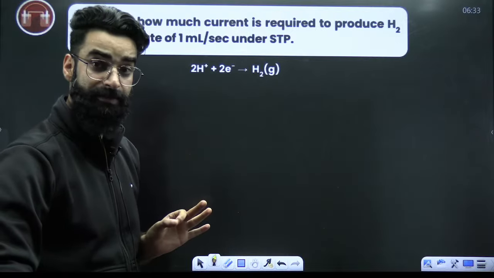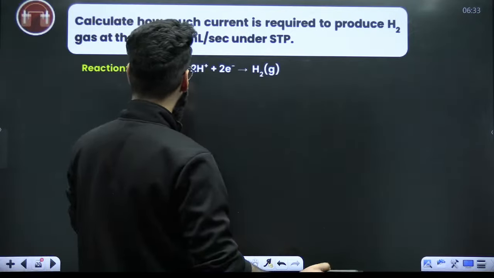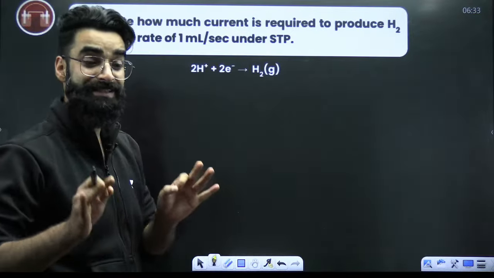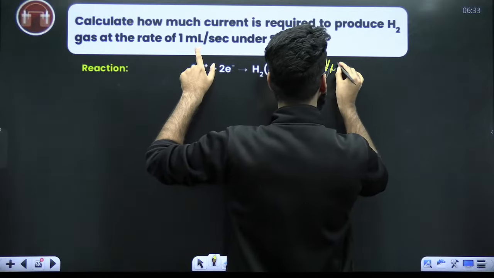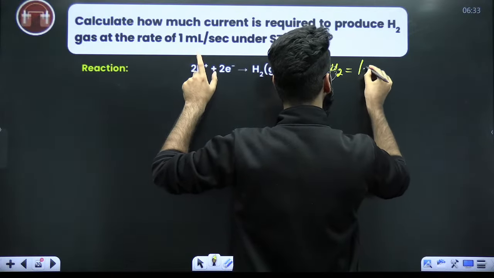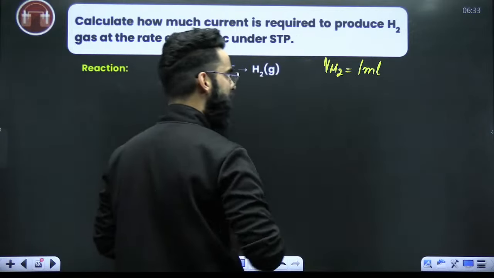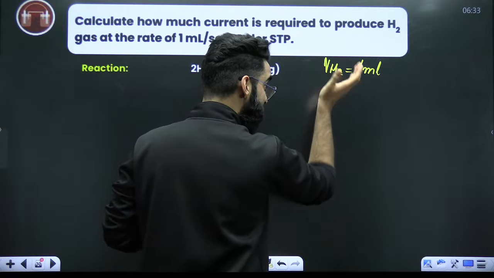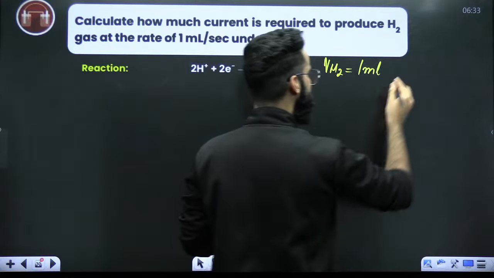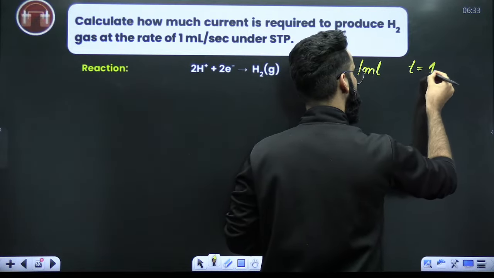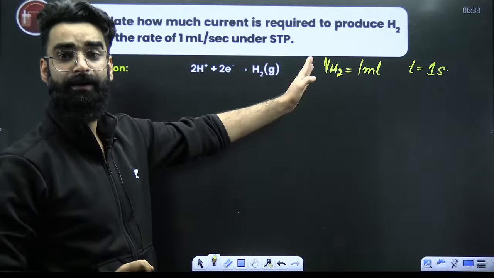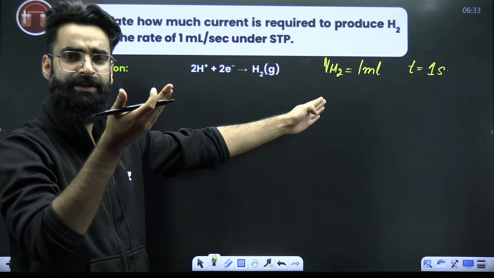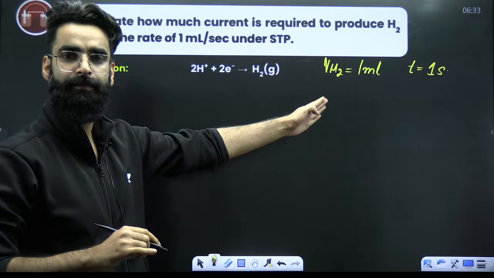Now, as per the question, we have to do electrolysis in such a way that 1 ml of H2 gas should get liberated in 1 second.